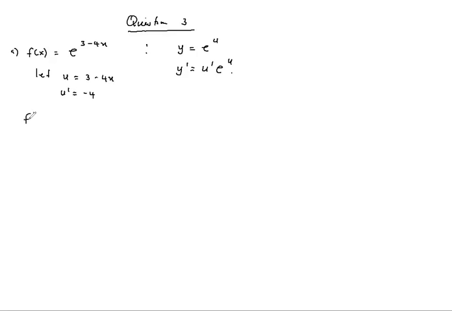So you are saying the derivative of f is going to be u prime, which is negative 4, times e^u, which is e^(3 minus 4x). And so that is negative 4e^(3 minus 4x).